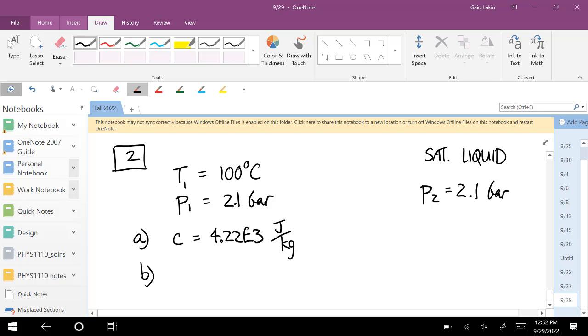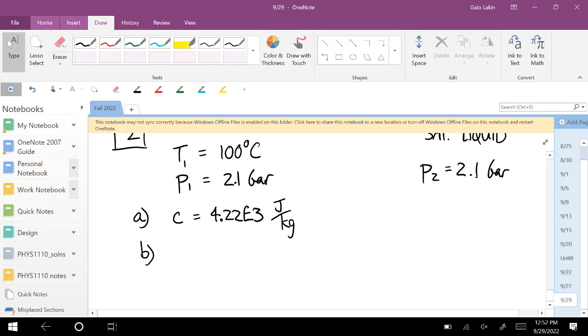Then for part B, the temperature at saturation for 2.1 bar. Okay, well, that's not in the table, but you do have at a pressure of 2 bar, the temperature is 120.21 degrees Celsius.